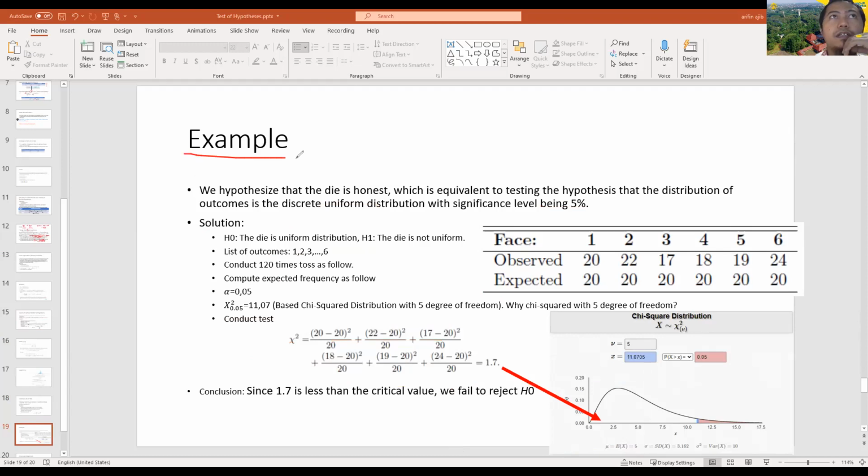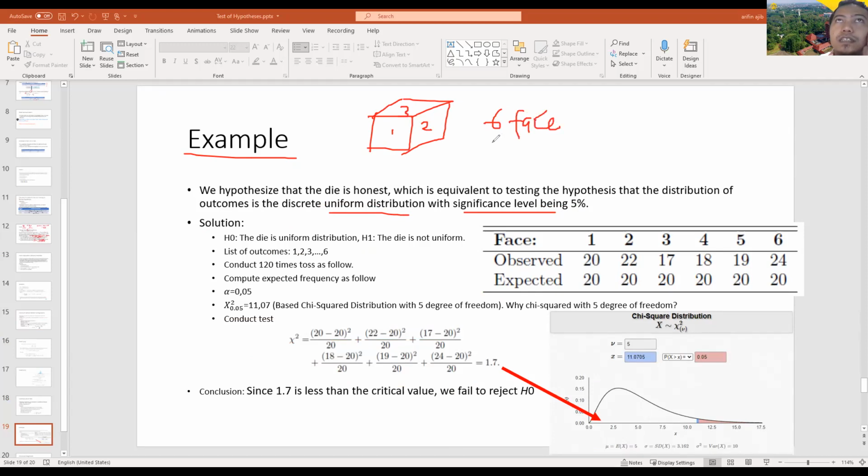For example, here we hypothesize that the die is honest, which is equivalent to testing the hypothesis that the distribution of the outcome is a discrete uniform distribution with a significance level of 5%. In this case, this die has 6 faces, 1, 2, 3, and so on up to the 6th face.